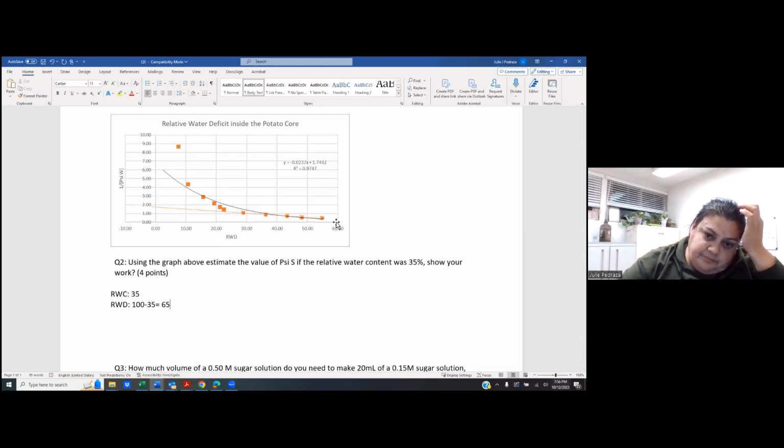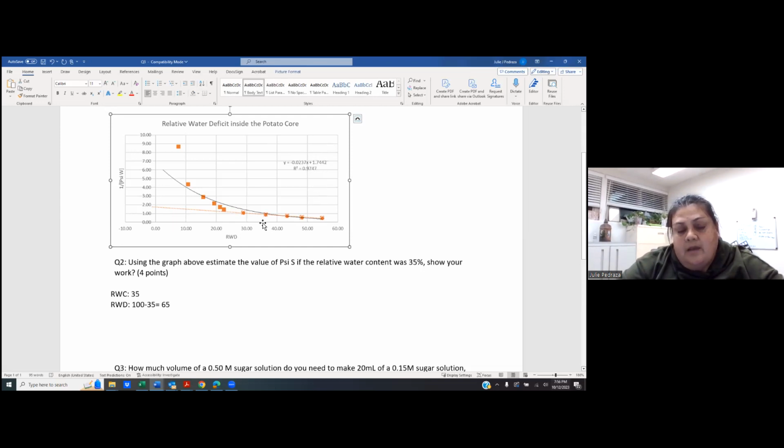Even though it's over here, all it tells us is that there's no pressure potential. So the next step is to find psi s by solving using the linear equation, because that's what we did earlier.